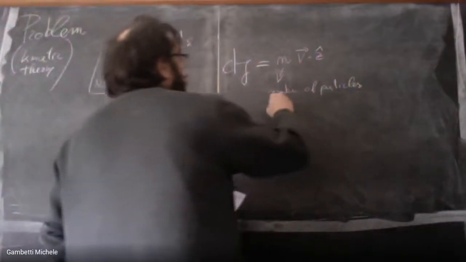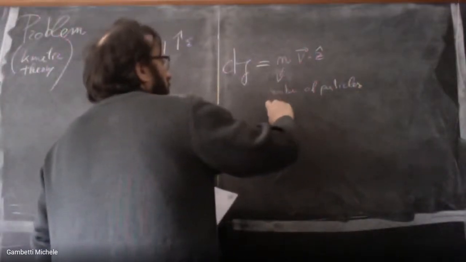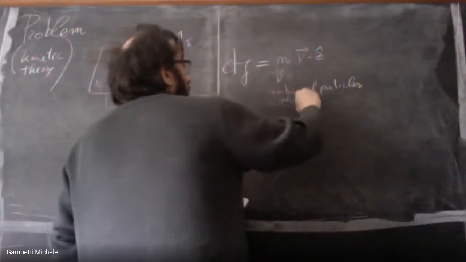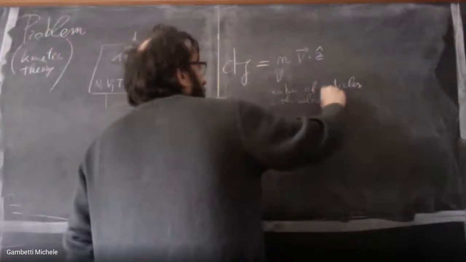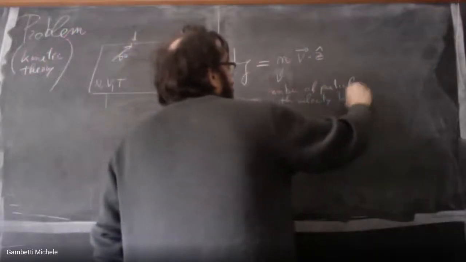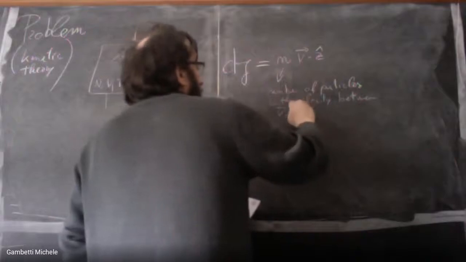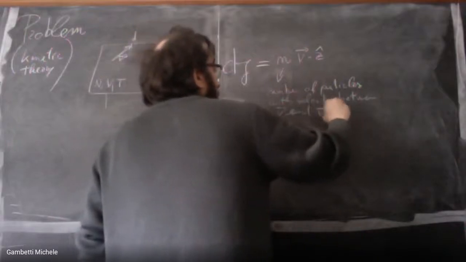Number of particles, I will see in a moment the normalization, with velocity between v and v plus dv.